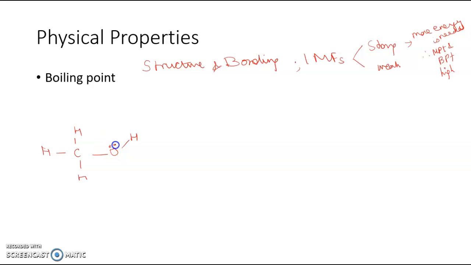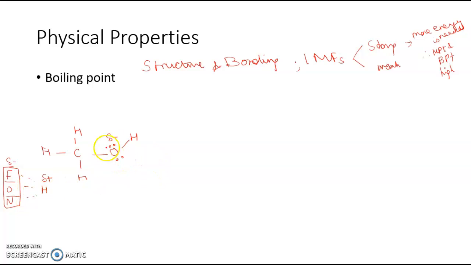In methanol, oxygen has a lone pair of electrons, so it is highly electronegative. Remember the FON elements, fluorine, oxygen, nitrogen, these are highly electronegative elements, and therefore if they come in contact with or are close to a hydrogen in another molecule, they will form a very strong bond which is called a hydrogen bond.